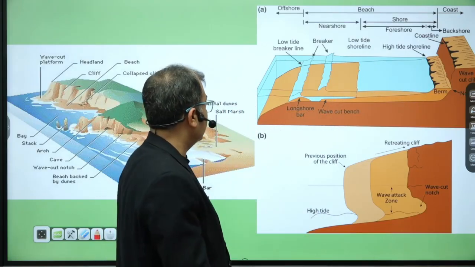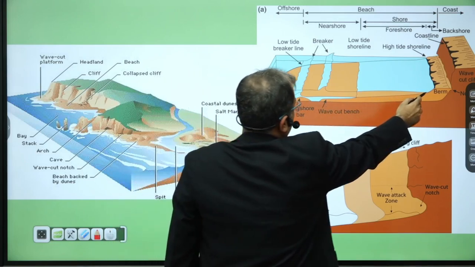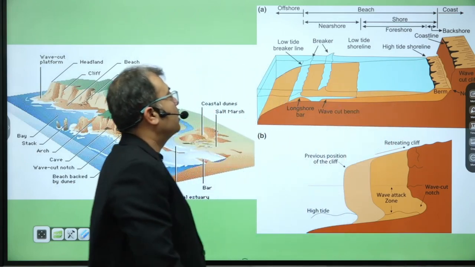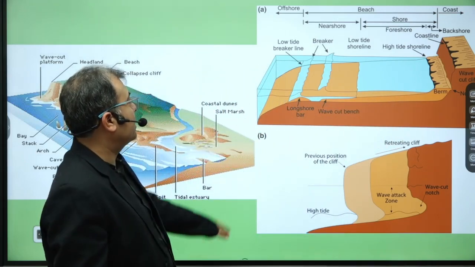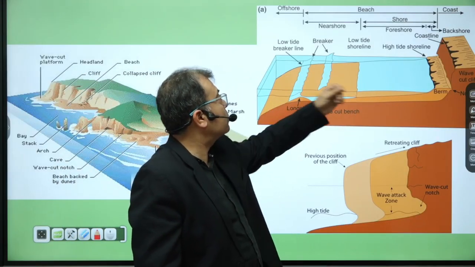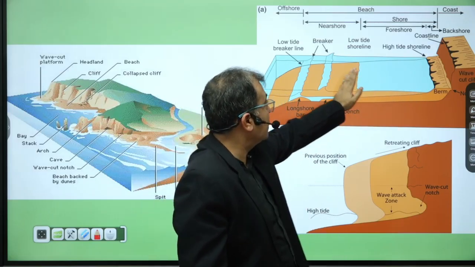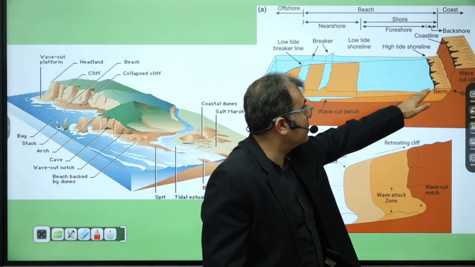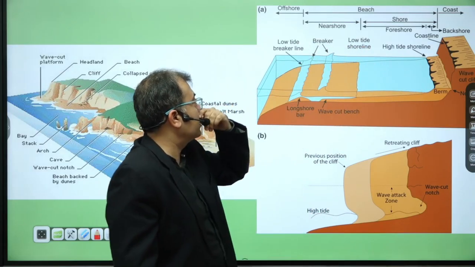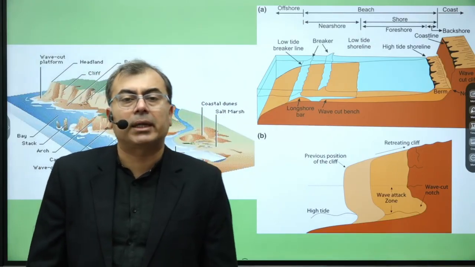And this area has the deposition of sand also. This is your beach. बीच में एक एरिया shore होता है जहां तक आपका the wave is reaching, and this is near shore.